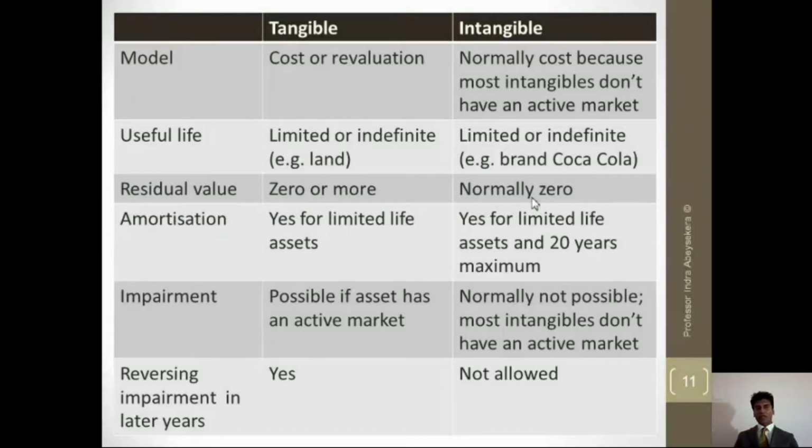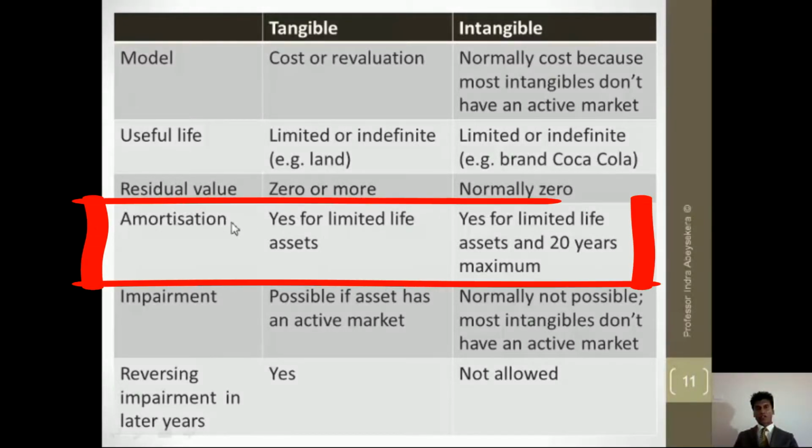Tangible assets can be amortized if they have a limited life. Intangible assets, if they have a limited life, are amortized to a maximum of 20 years.